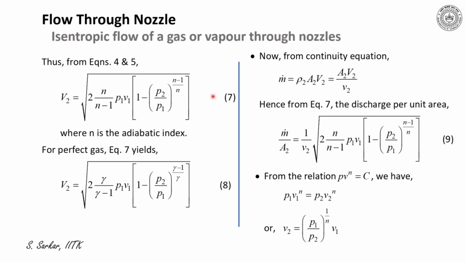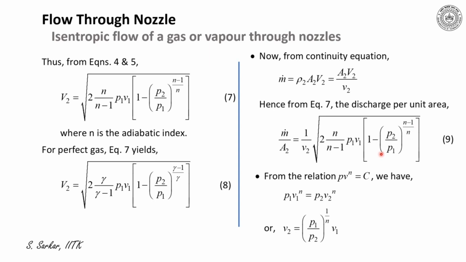Now, equation 5 gives the discharge per unit area, that is m dot by A2 would be equal to 1 by small v2 into root over twice n by n minus 1 p1 v1 within the bracket 1 minus p2 by p1 to the power n minus 1 by n.